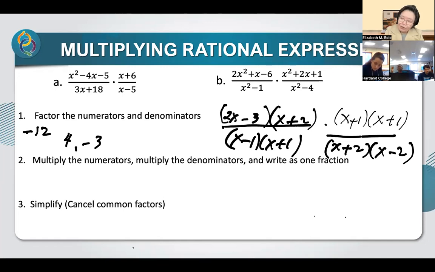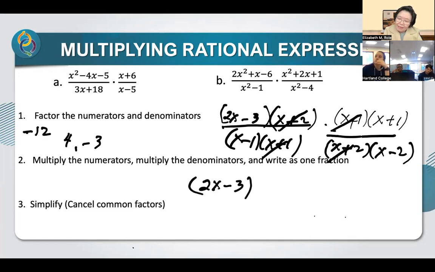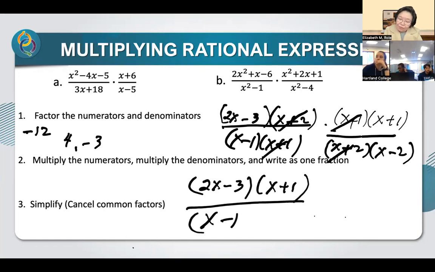So you factor, there's an x plus 2 here that will be canceled, and one of the x plus 1. So you are left with 2x minus 3 and x plus 1 over x minus 1, x minus 2. You can stay that way, but otherwise, if you want to practice, but for me, that would just be the final answer, already in factored form.